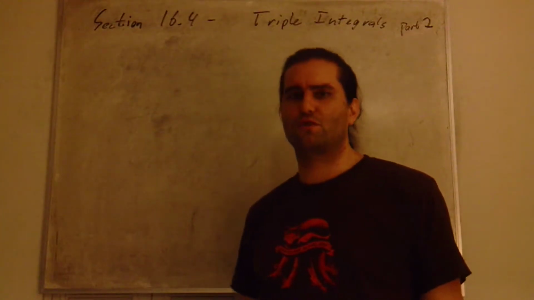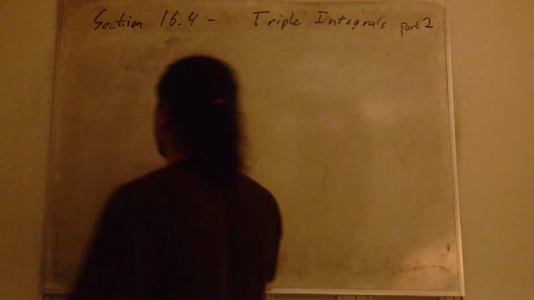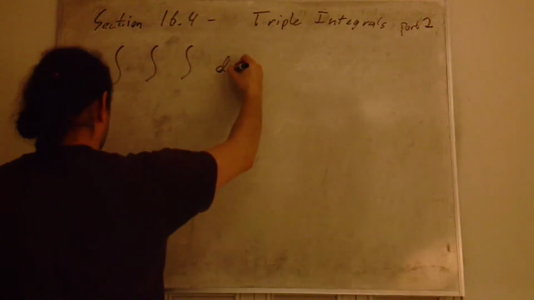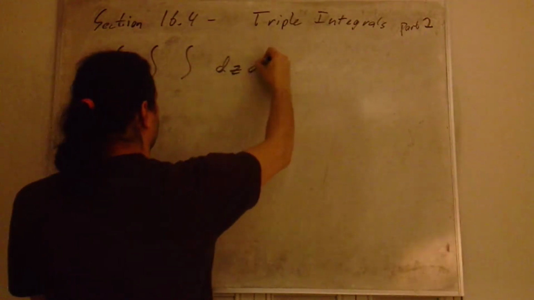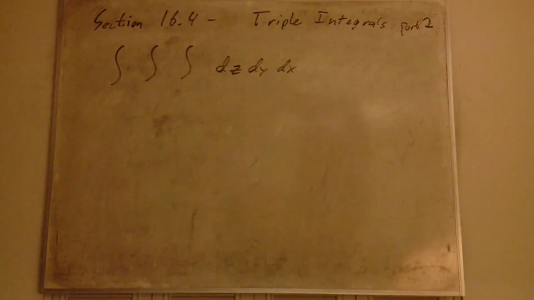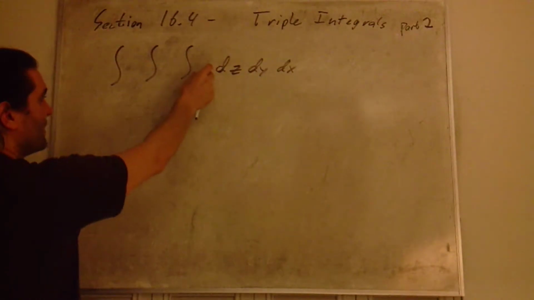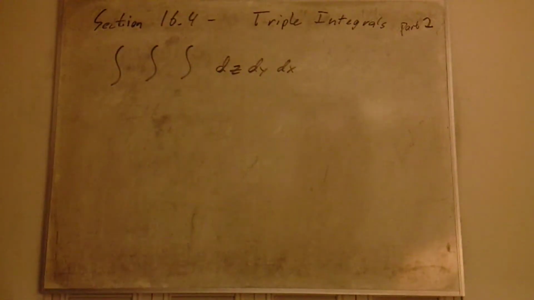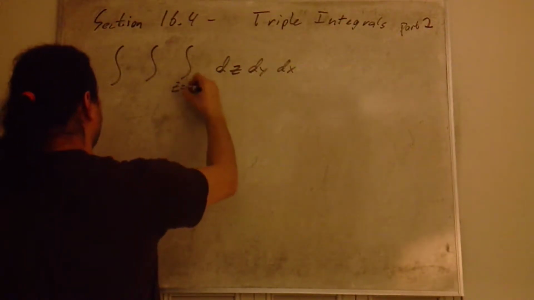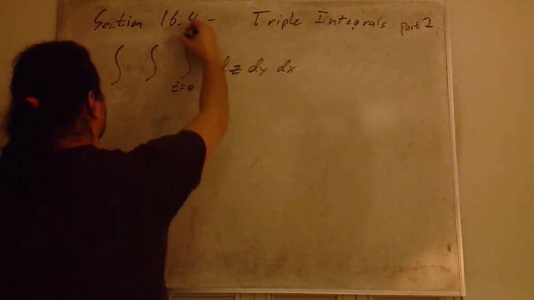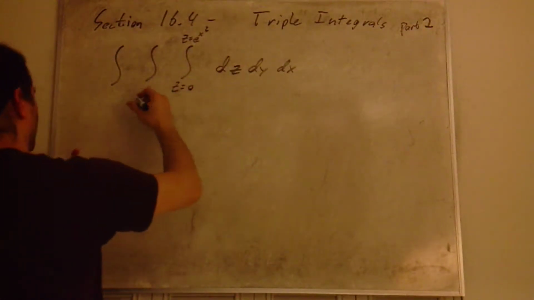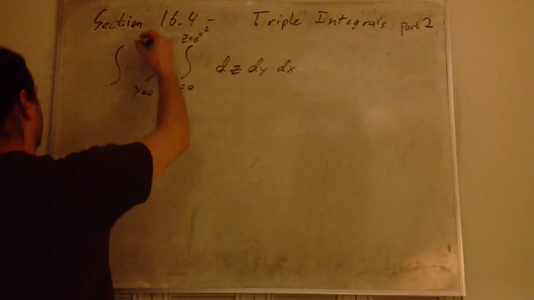Most of the integrals we're going to be doing in this section will just be integrals of dz, dy, dx. So there won't be a function here. We're just going to be integrating one, but we're going to involve some really goofy bounds so that the functions get themselves involved.